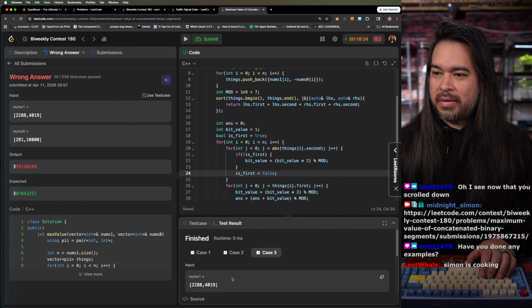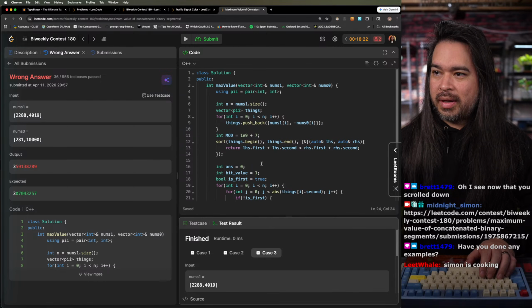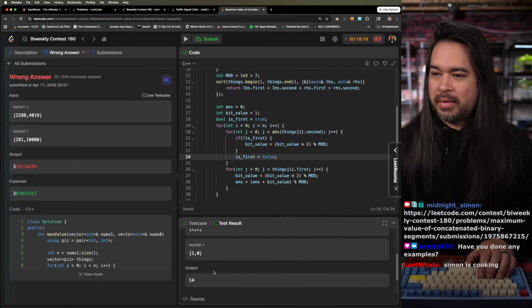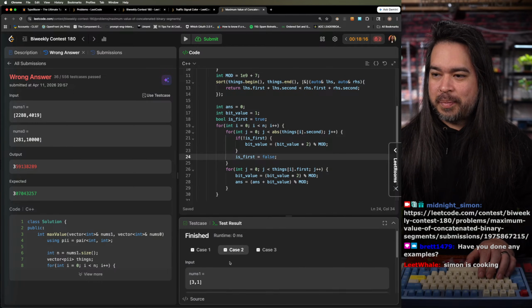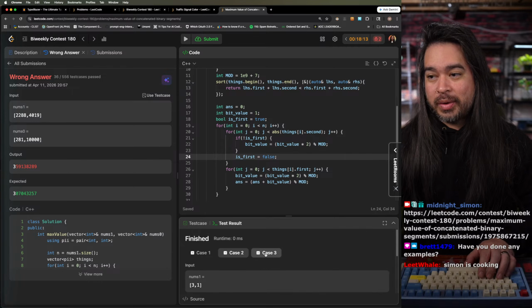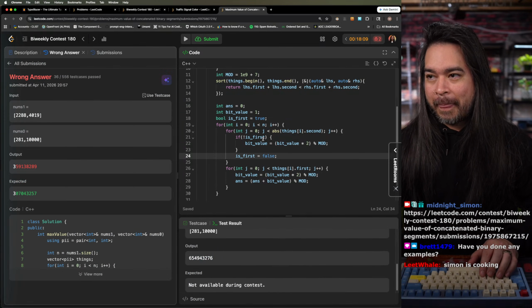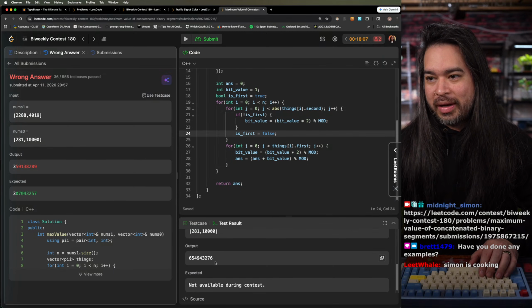And then, everything is still wrong, man. Wait, those two are right. But this one's supposed to be something and it's way out of bounds.